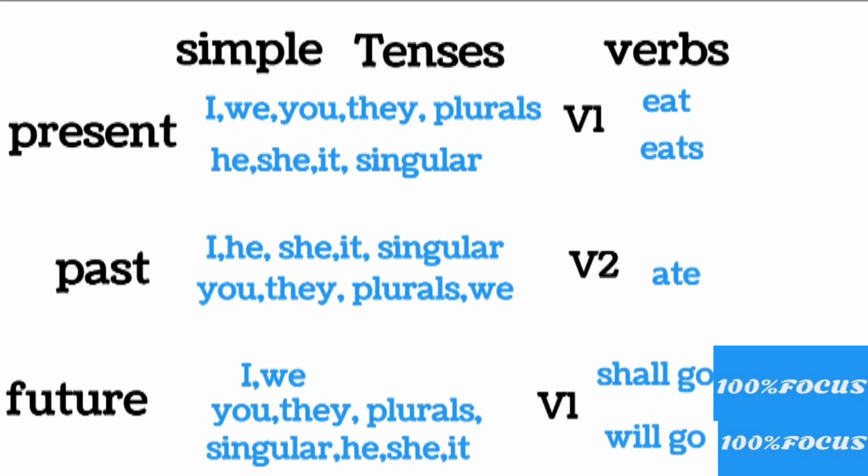Will can also be added to I and we. But for the remaining subjects we should not add shall, only will we have to use. In future, for all the subjects we can use will. If we want to use shall, we have to use it for I and we.